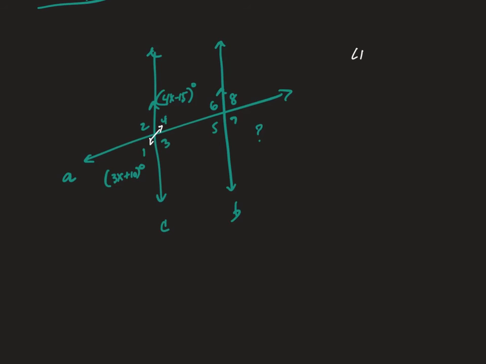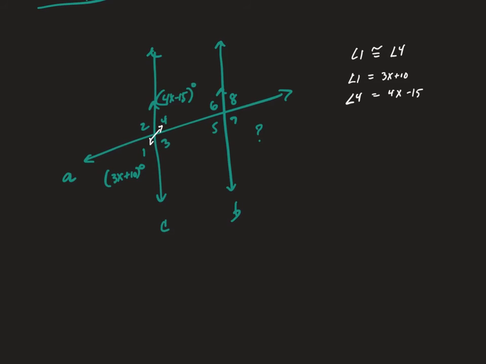So I know that angle 1 is congruent to angle 4. And then if I do some substitution, I know that angle 1 is equal to 3x plus 10 degrees, and angle 4 is equal to 4x minus 15.